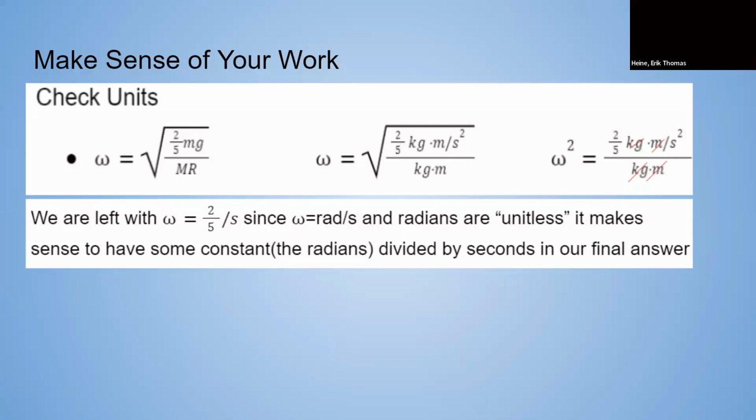So we would expect to have some constant over seconds for our final answer, and that's what we get when we do this cancellation. We take the square root again, and it gives us some constant over seconds, which is proper because it can be thought of as radians over seconds for our angular speed.